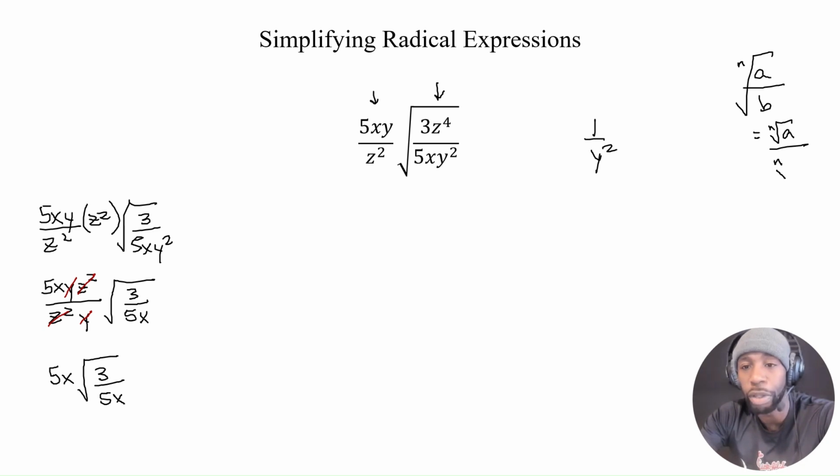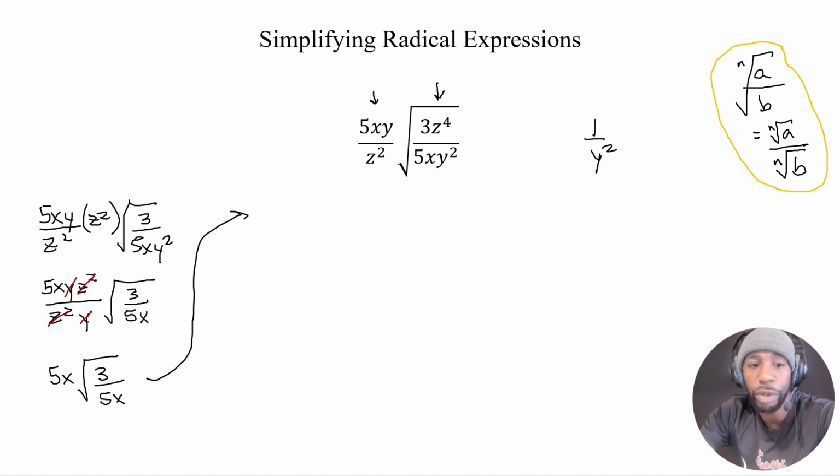I mean, not the square root, but the nth root. Sorry. I'm going to circle this because that's a tip that you need to remember. And so I'm going to use that to rewrite what so far is our answer. So that's 5x times the square root of 3 over the square root of 5x.